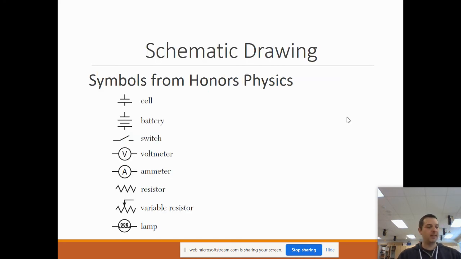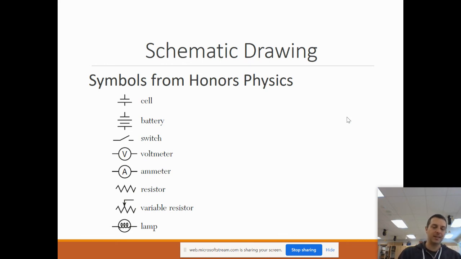Finally, and we're going to see these in class, I just want to make sure these were in your notes. As we go into class and start making circuits and drawing circuit diagrams, I want you to have a list of the different symbols we use for circuits. Here we have the ones we use in honors physics. Our power supplies will be represented by cells and batteries. Those are the first two. The switch is just like you've seen in your homes. These switches are used to turn power on and off.